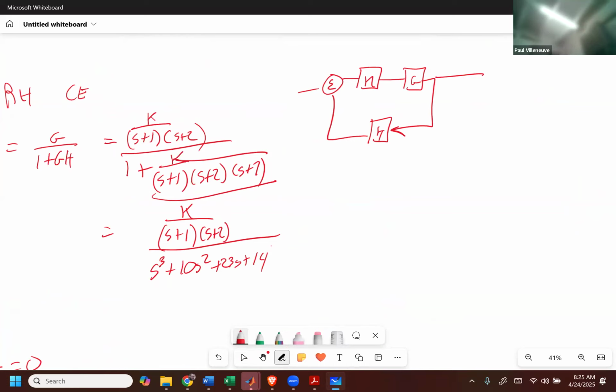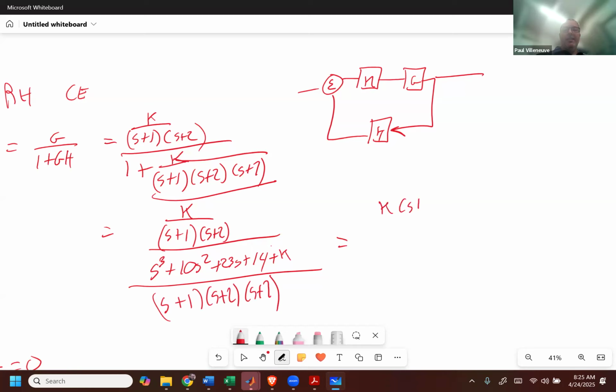To add that value of gain. So this becomes plus K all over this. When I invert and multiply, I have K times (s plus 7) all over s cubed plus 10s squared plus 23s plus 14 plus K.